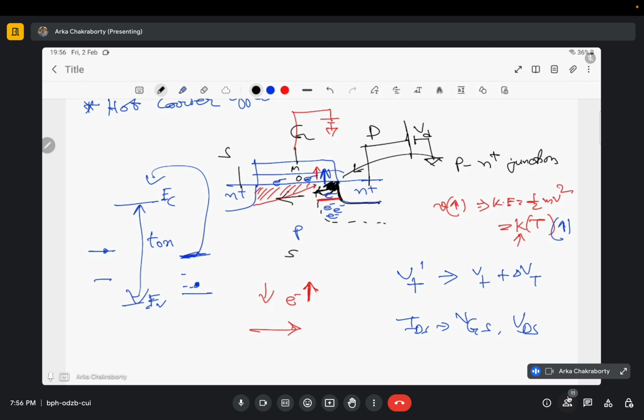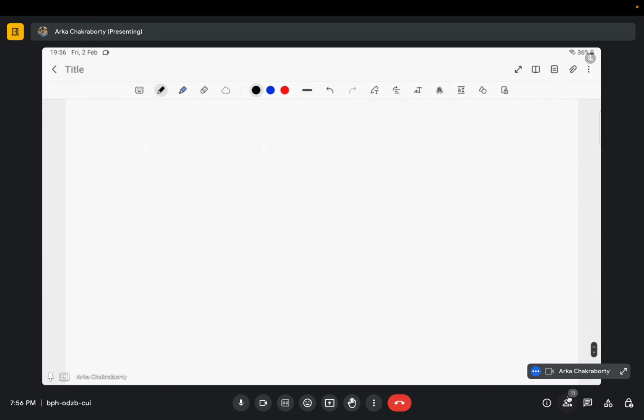In this region we add a small doping, which is not n plus but a kind of n minus. It is called lightly doped drain, LDD. We do an LDD doping here.